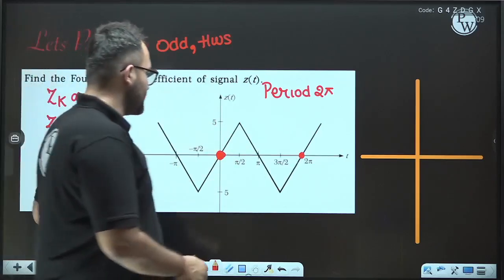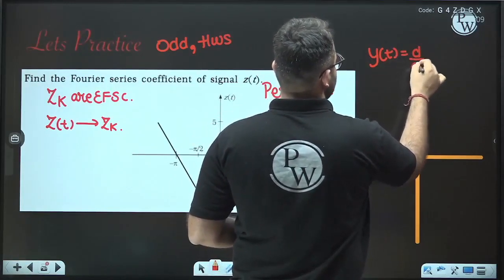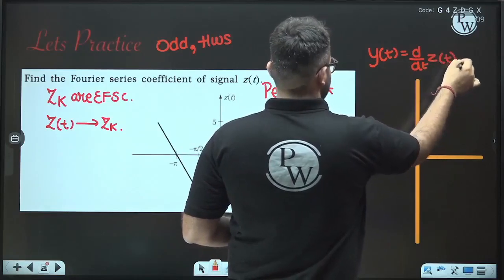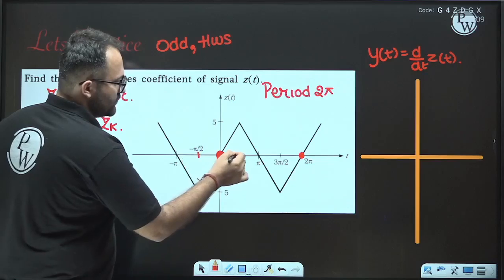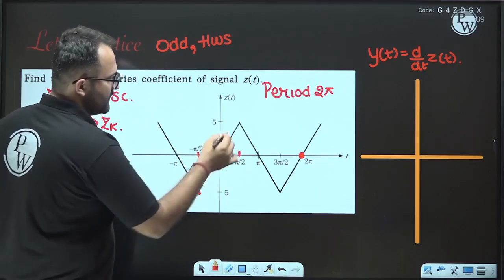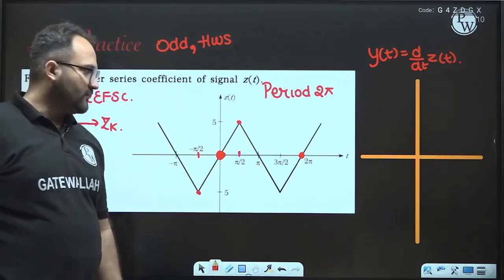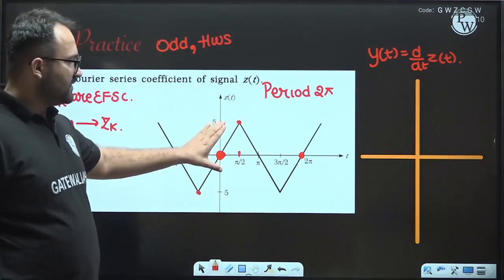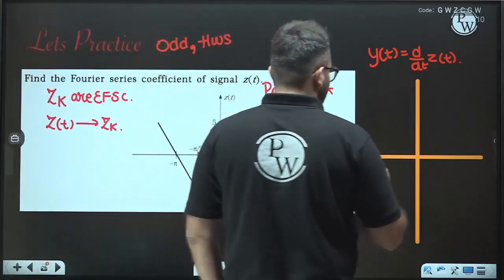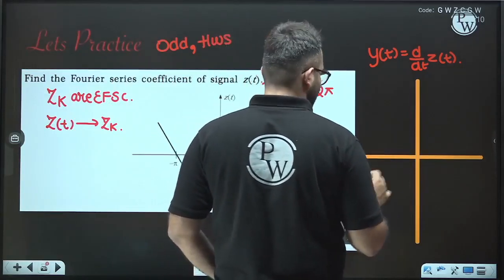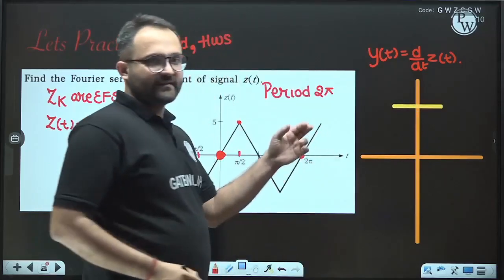But let us differentiate it. Let yt equal d by dt of zt. From minus pi by 2 to pi by 2, it is going from minus 5 to plus 5, so it is rising and the slope is positive. The change in height is 10, the change in width is pi, so the slope is 10 upon pi.